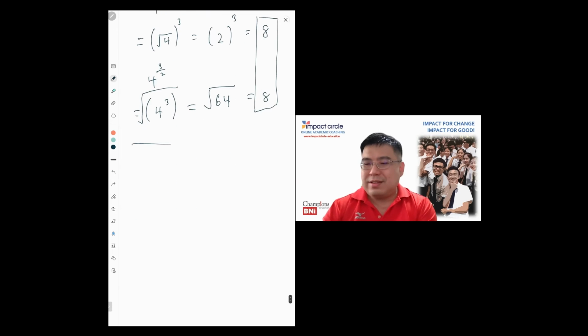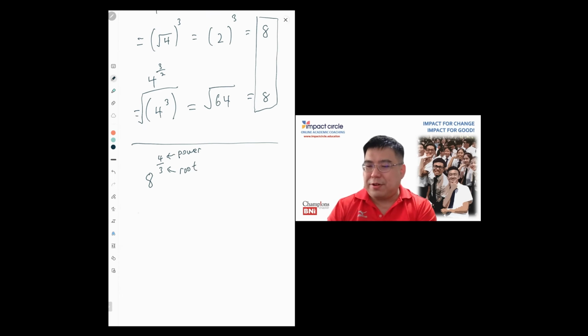Okay, so now let's try to figure out what will be the result when you take 8 to the power of 4 over 3. We have a fraction as a power, and the numerator of the fraction is 4, which means we have to take the power of 4, and the denominator is 3, which means we have to take a root of 3, right?